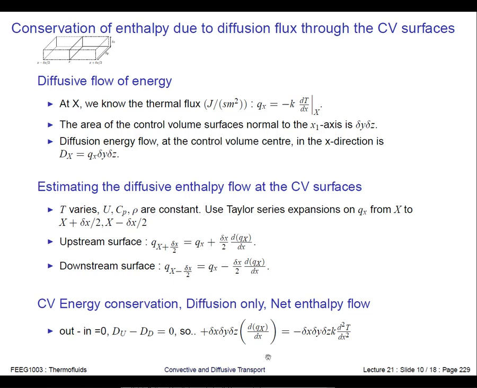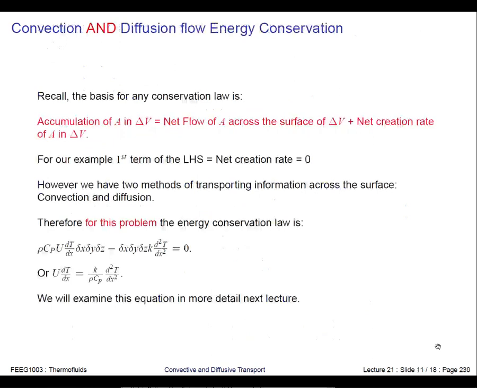Then we substitute in our expression for the diffusional flux, and we end up with this, and this thing must be equal to 0. So we should have a minus equals 0 on this side here. So if there's no convection, this thing must be equal to 0 if it's a diffusion dominated problem. Okay, so we've got that.